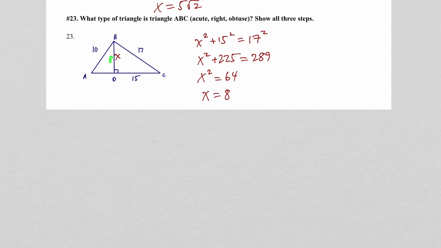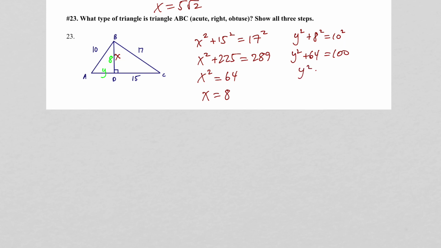And we need to know this, the y. Well, this is a right triangle, so this squared plus this squared is this squared. So I have y squared plus 8 squared is equal to 10 squared. y squared plus 64 equals 100.